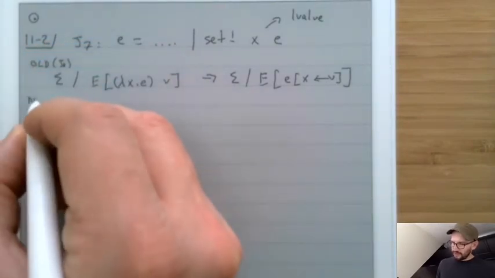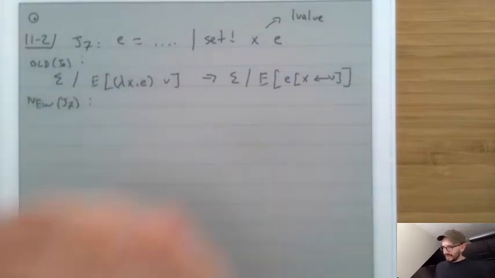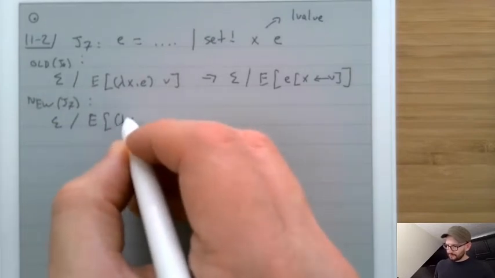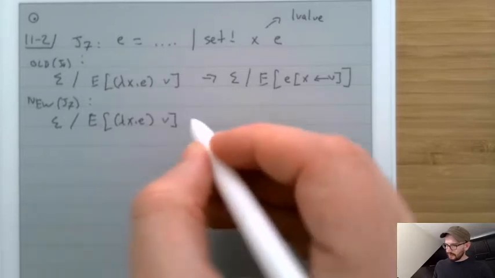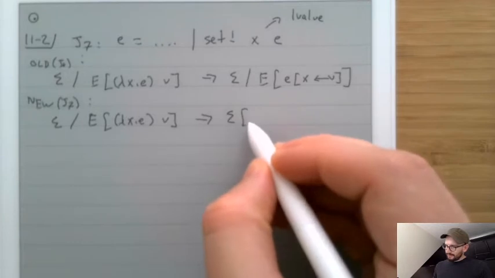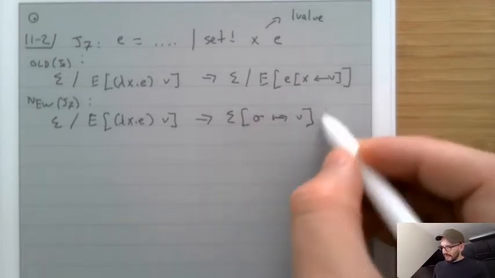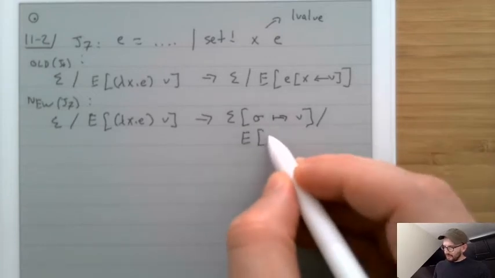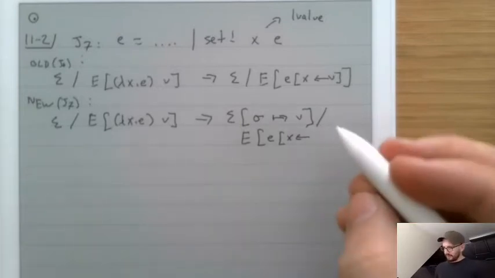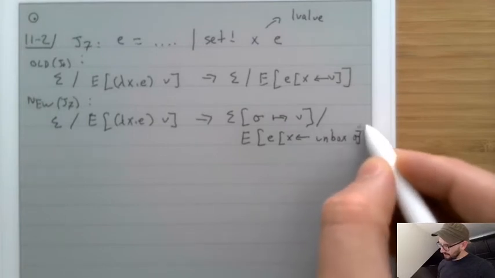But the new thing we're going to do in J7, we're going to change it so that when you have a function call, we're going to allocate a new pointer. And that new pointer is going to point to the value. And then we're going to go inside the body and find all the uses of the variable and change them to unboxing of that pointer.